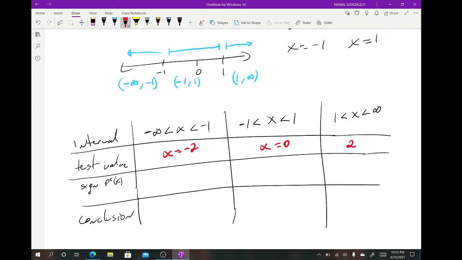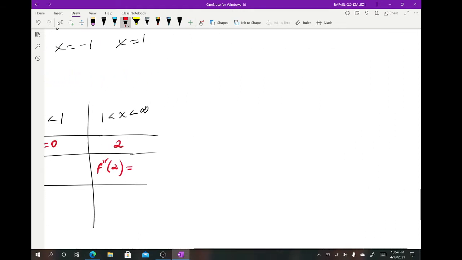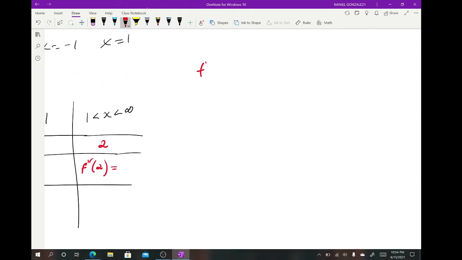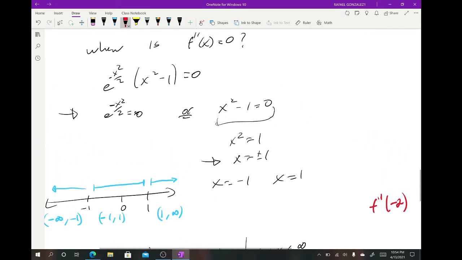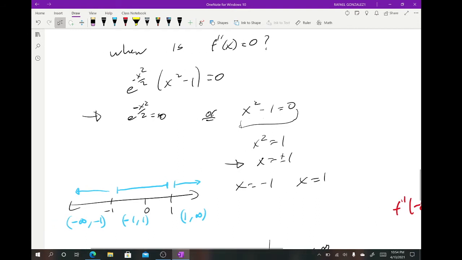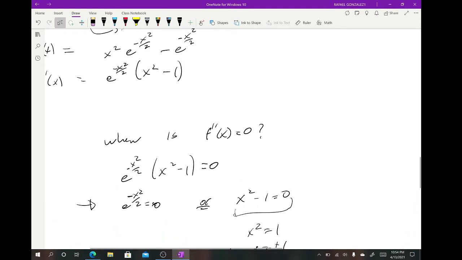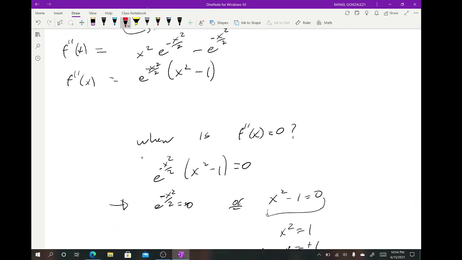Okay. Now what we have to do is find out what f double prime of -2 is, f double prime of 0 is, and f double prime of 2 is. We're interested in the signs, so I'm going to do them on the side. I'm going to start with f double prime of -2. Let me remind you what f double prime is. It's this piece right here.